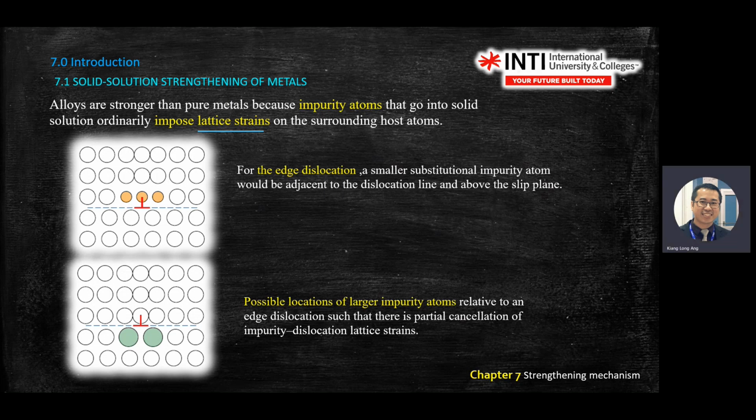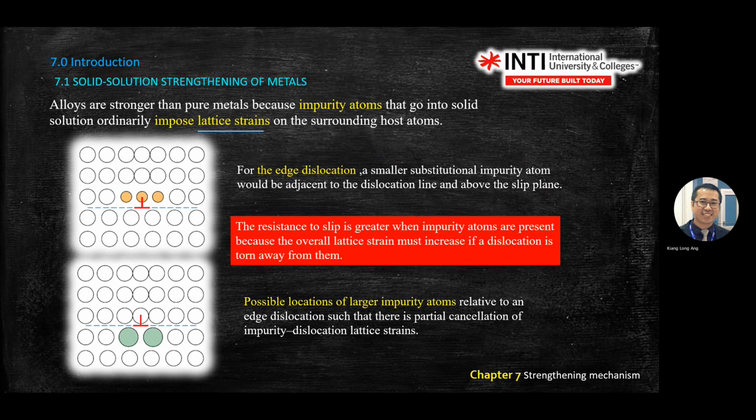There's another one, same edge dislocation. Here you put in the bigger atom, so you will create compressive strain in the surrounding. The importance of these two diagrams is that they talk about resistance to slip.